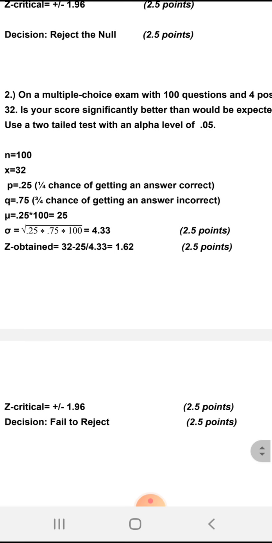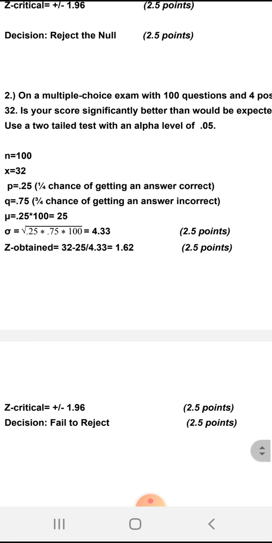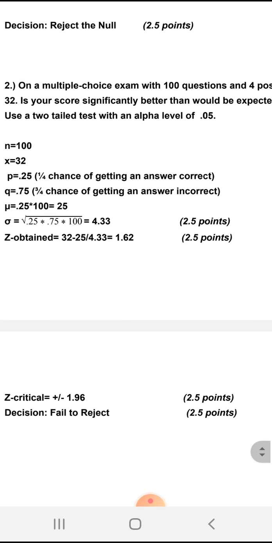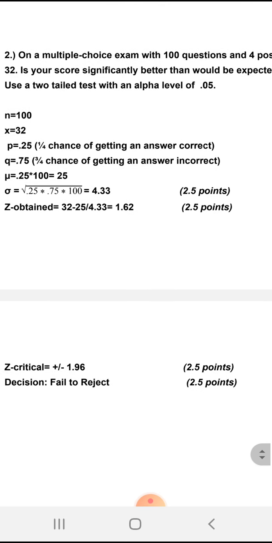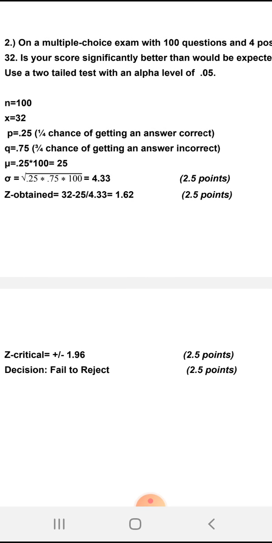The next is standard deviation, the square root of 0.25 times 0.75, which is P times Q, times 100, equals 4.33. Plug in the x and the mu, 32 minus 25 divided by 4.33 is 1.62.